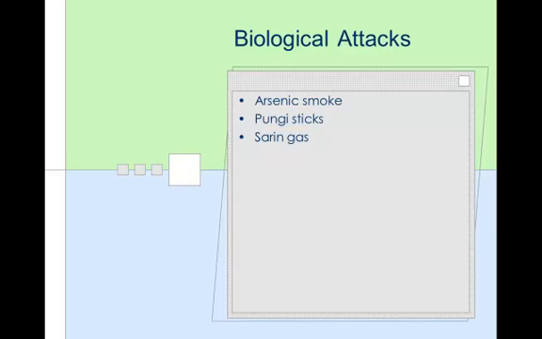Biological attacks: arsenic and sarin can be considered biological. Punji sticks, usually these are used in times of warfare. Punji sticks were used in Vietnam especially. They were hidden, sharp sticks that could be placed in rivers and creeks in the jungle.